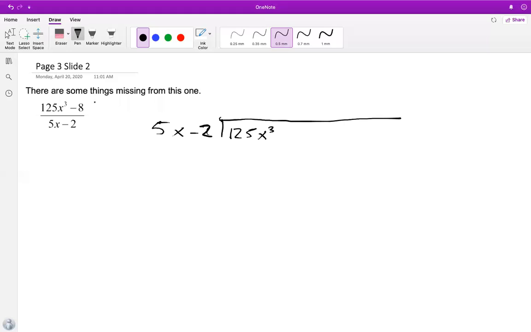There's a bunch of missing powers of x up here. There's no x squared. There's no x. Well, that's it. It's missing an x squared term and an x term. And so when you write it, you're going to want to write them like this. You're going to want to include the zeros because we're going to end up subtracting from these things, and it's good to have the placeholder to know.